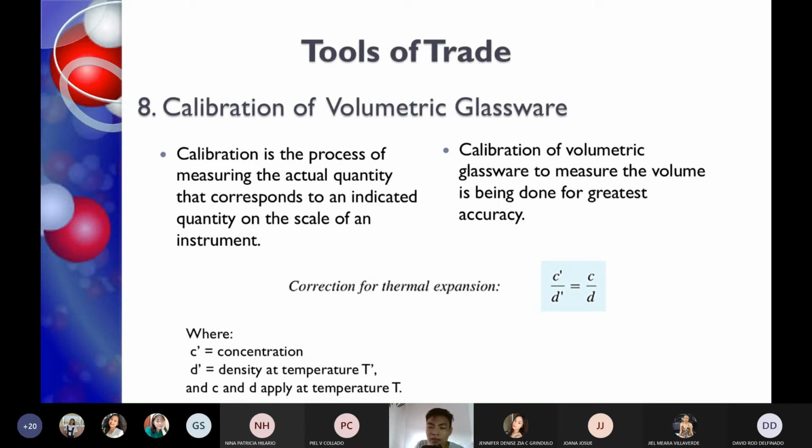Kasi imagine nyo, araw-araw yung ginagamit. What will happen to the spring? Pag araw-araw yan nagko-contract, nag-e-expand, hindi na siya magiging original. Pwede siyang mas lumaki, so kapag naglagay ka diyan, pwedeng mas malaki yung measurement ng weight niya.